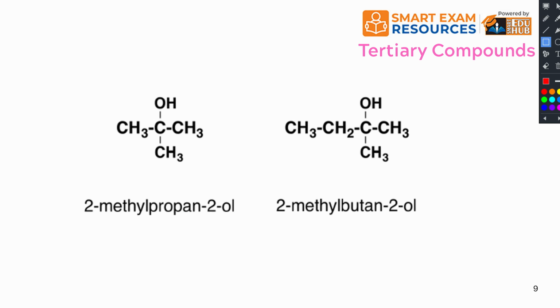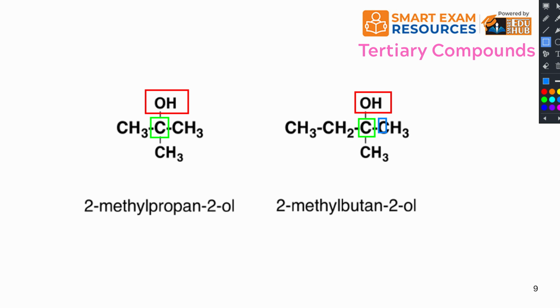Once again, we look at the functional group, which is the OH group. Then we look at the carbon atom, which is connected to the functional group. And then we look at what this particular carbon atom in green, which is already connected to the functional group, is bonded to.